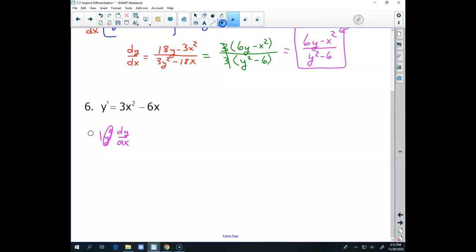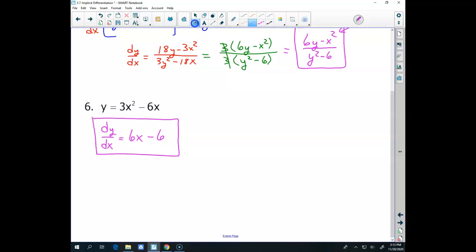So when I'm taking the derivative of just that plain old y, but I'm taking it in terms of x, I get dy/dx equals 6x dx/dx minus 6 dx/dx, which is 1. So dy/dx equals 6x minus 6, okay?